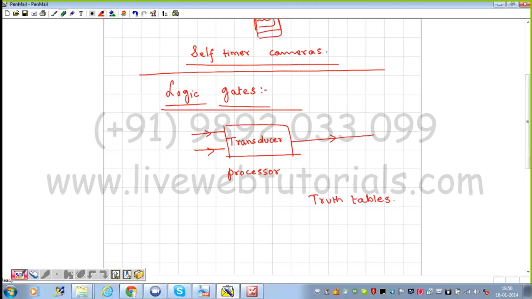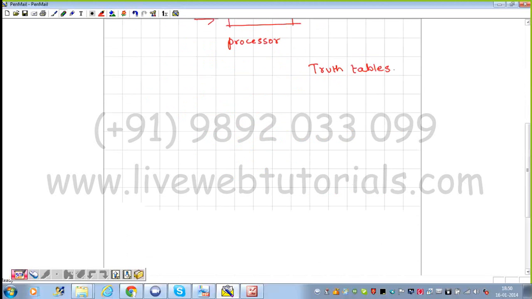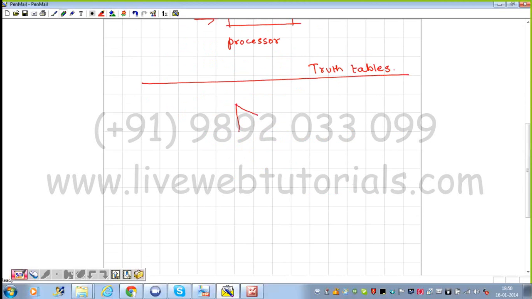Now the first of these gates I am considering is the simplest of all. In this, there is only one input and only one output. I am first drawing the symbol of this gate.